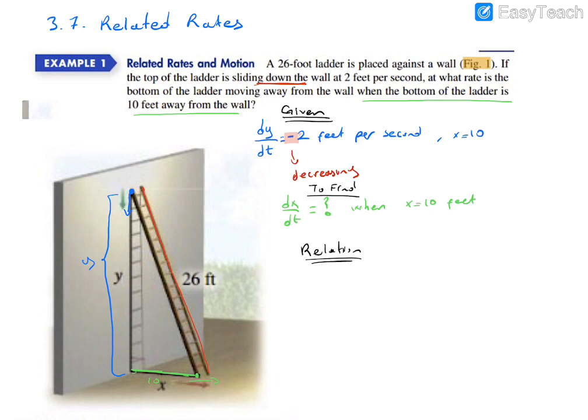So the relation between the variables x and y by the Pythagoras theorem is, you can say that the square of x plus the square of y equals 26 squared. Let's use the black one.